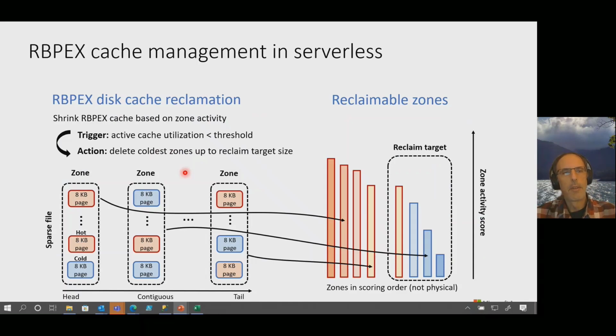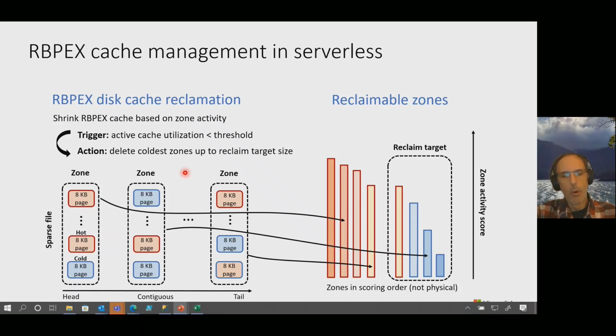So how exactly does RPBX cache management work in serverless? You can think of that cache as being divided into zones, where each zone contains enough pages such that the zone size is on the order of 1 gigabyte. What we do is identify the hotness or coldness of each page in each zone, and then compute a score for the zone based on its total number of hot pages.